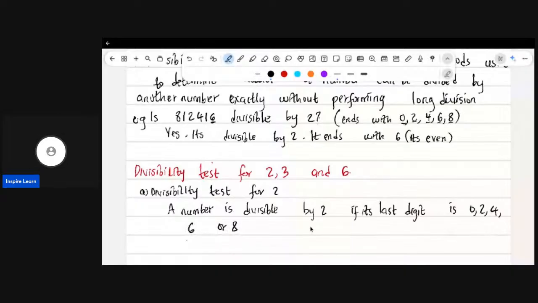So a number is divisible by 2 if its last digit is either 0, 2, 4, 6, or 8.